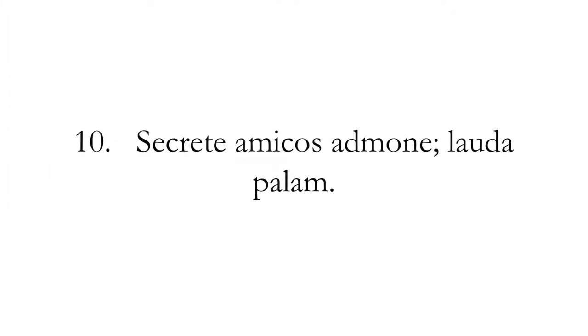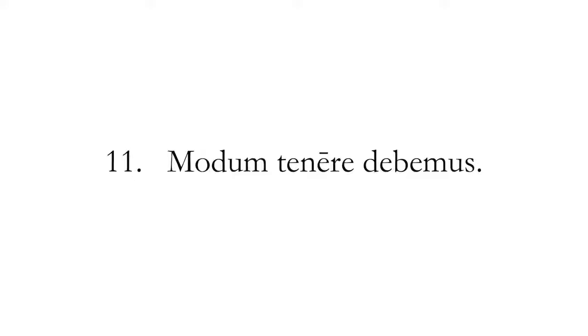Number 10. This is an imperative, so we're going to pass over that. And number 11. Remember what I said. When the verb ends in -mus, in other words, the first person plural, oftentimes there's not going to be a separate word for the subject.